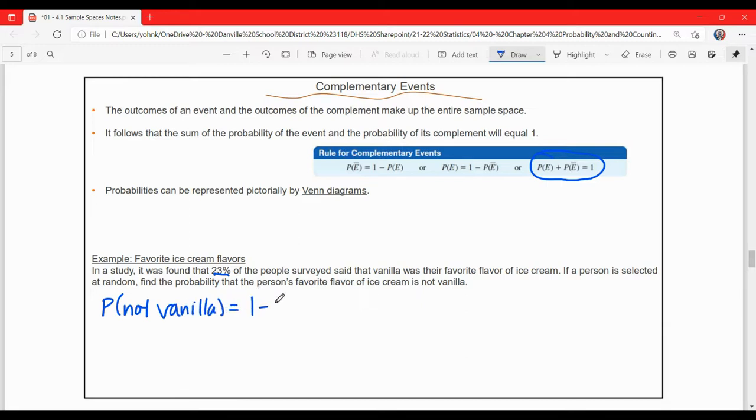I could do 1 minus the probability that it is vanilla. I know what that value is, so I can do 1 minus 0.23, and I get 0.77. So when you know the complement, it becomes a lot easier to find the answer.